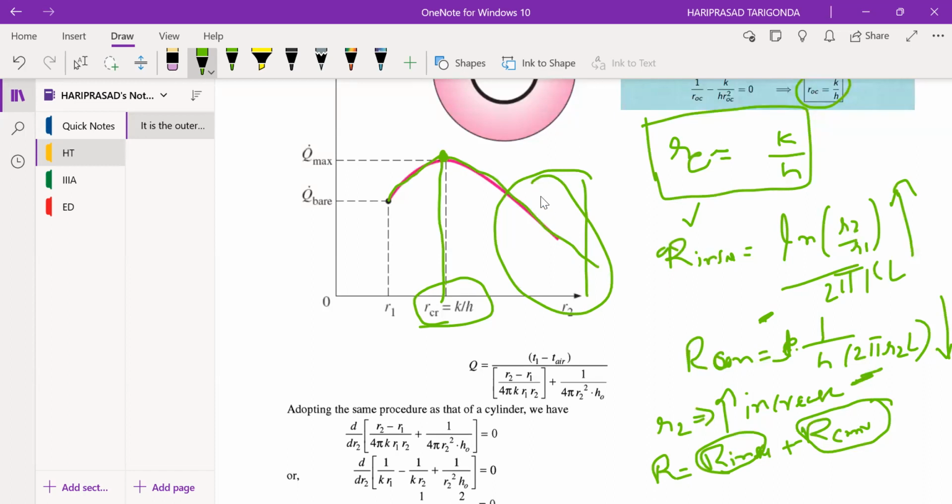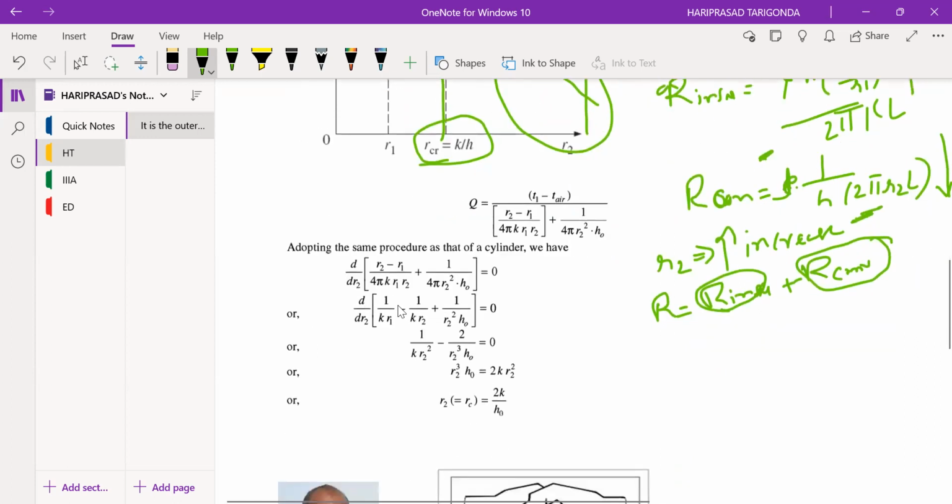For the spherical coordinate system, the critical radius of insulation is found from Q equal to the temperature difference divided by the total resistance. If you differentiate the denominator for maximum heat transfer rate, you will get this expression. Since we are differentiating with respect to R2, this value will become 0.